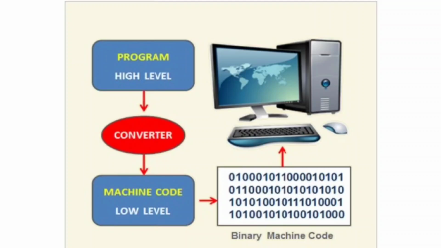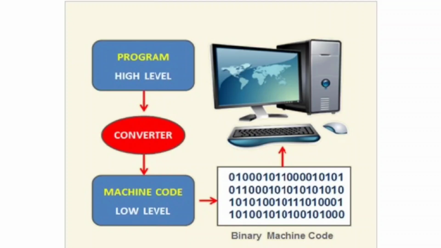This program is going to be converted into machine language, because the system is not a human being. It acts like a human being, but it is not one. The system means machine, so the machine understands only low level language, which means zeros and ones.